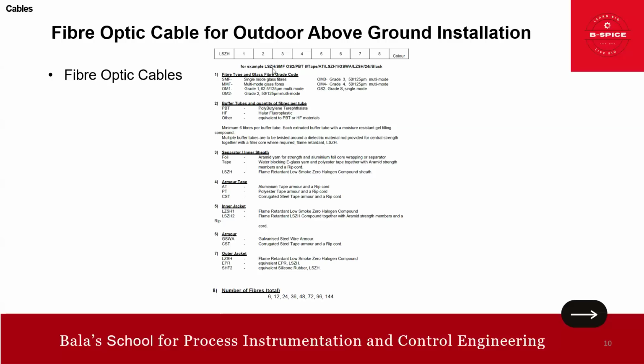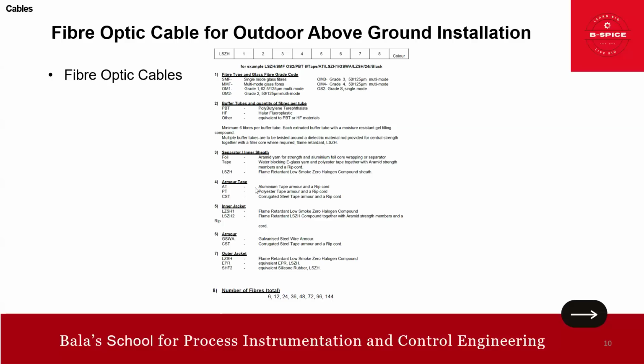So finally the designation will come like this. SMF meaning single mode. Then OS2. OS2 means what? This guy, single mode. Then we have PBT, polybutylene terephthalate. Then we have 6 tube, the minimum 6 fibers per buffer tube. Then you have AT.